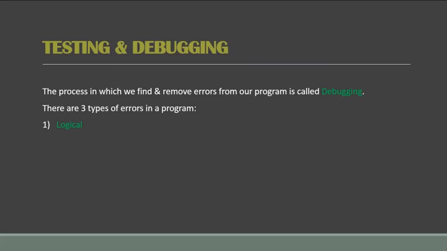So there are basically three types of errors in a program. The first one is the logical error. Now, what is a logical error? A logical error is due to the improper use of a formula, the incorrect formula, or wrong use of symbols.